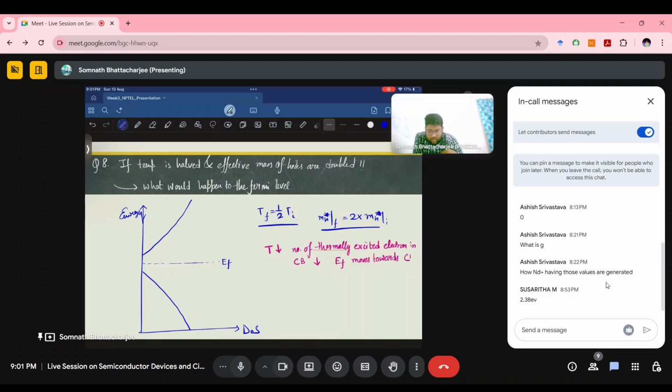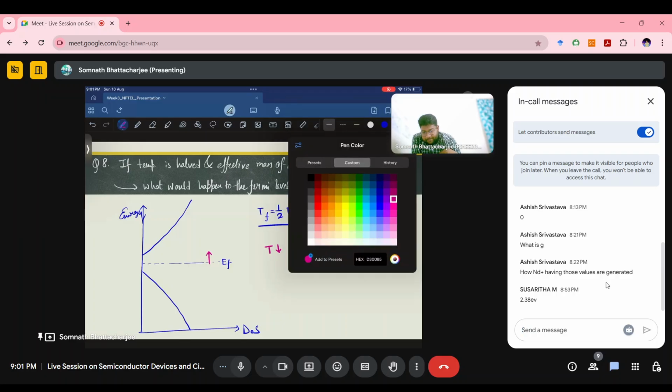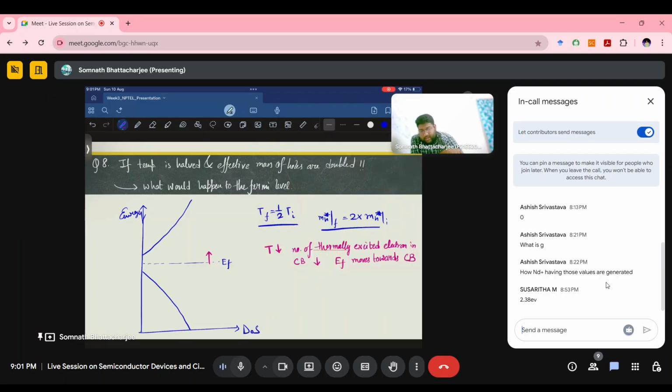moves towards the conduction band. So there would be an upward shift towards this, and the shift is also significant. Now we also know this one, right?